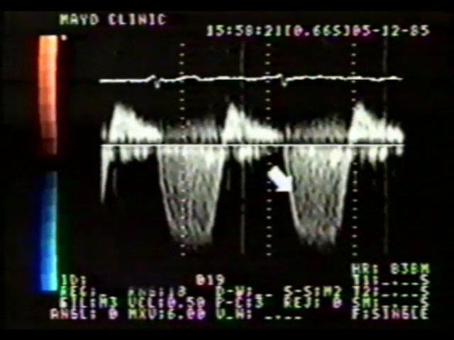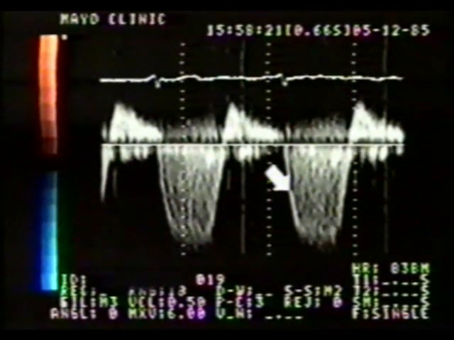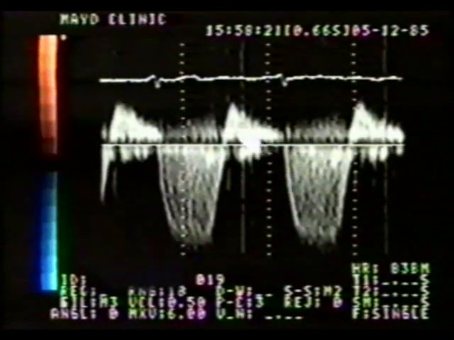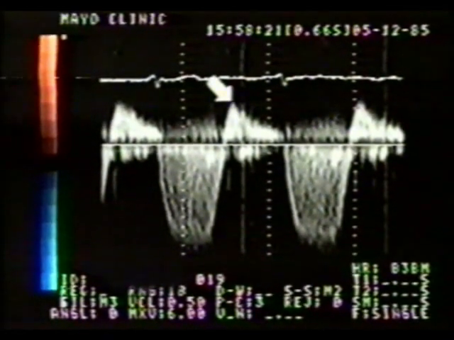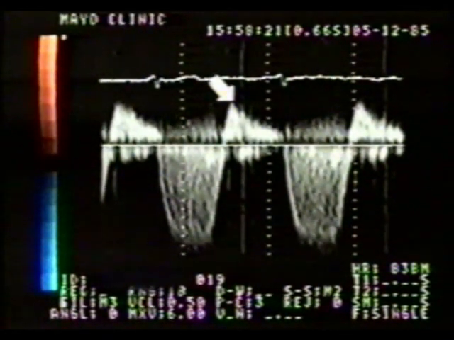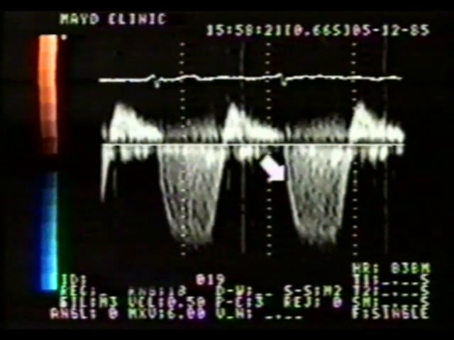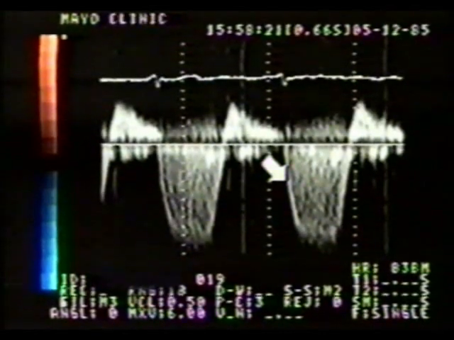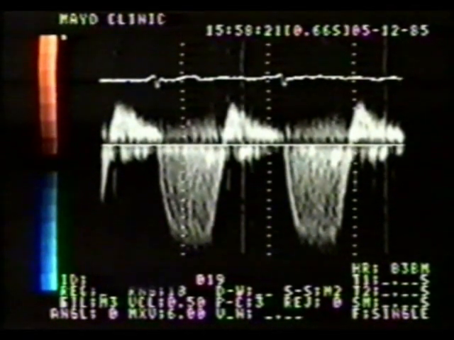We have already seen for this particular patient that the velocity of the mitral regurgitant jet is much higher than the velocity of diastolic mitral flow. Therefore, we would expect the pitch of the systolic audio signal to be much higher than the pitch of the diastolic signal. Pay attention to this feature as we again display the Doppler information in real time.